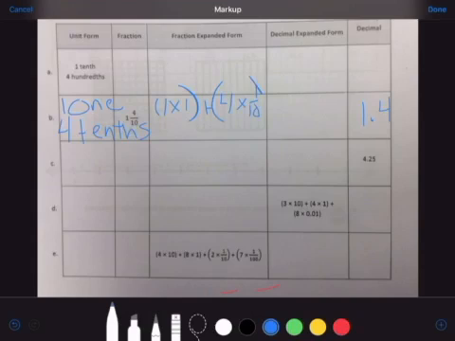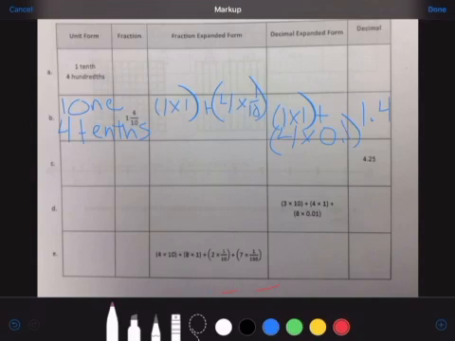That's right, it would be 1/10. That's it for that one. Decimal expanded form is going to be 1 times 1 plus, and then we need parentheses 4 times, and then how do I write tenths in decimal form? That's right, 0.1. So now I have 1 whole and 4/10. That's what you need for that one.